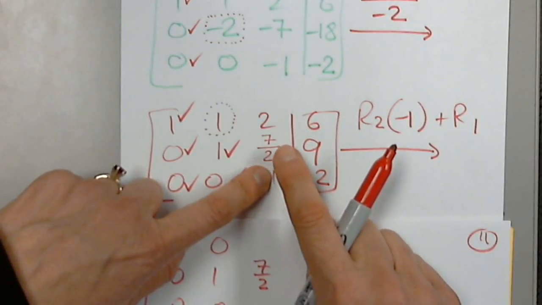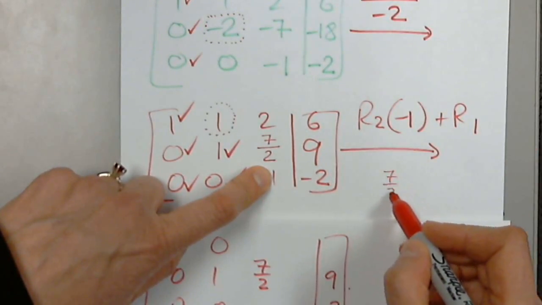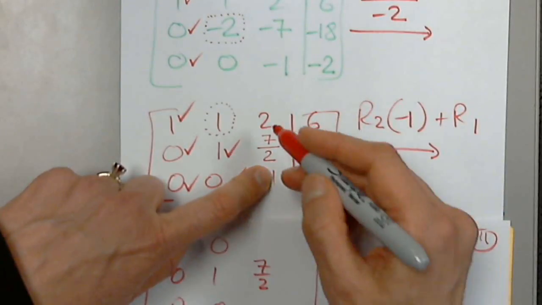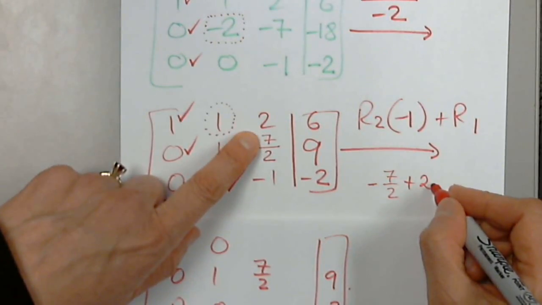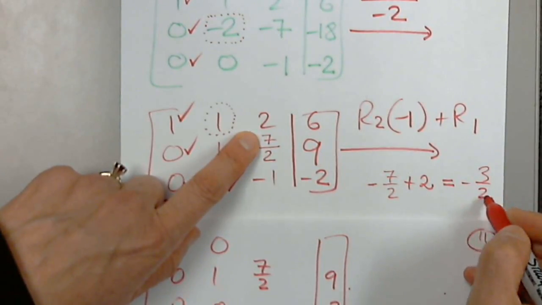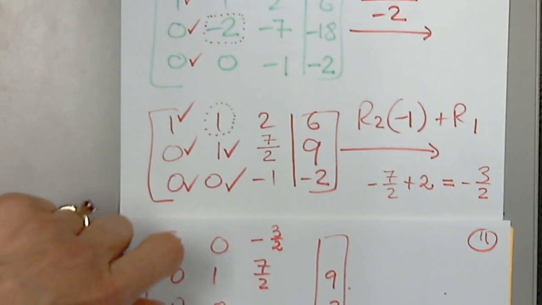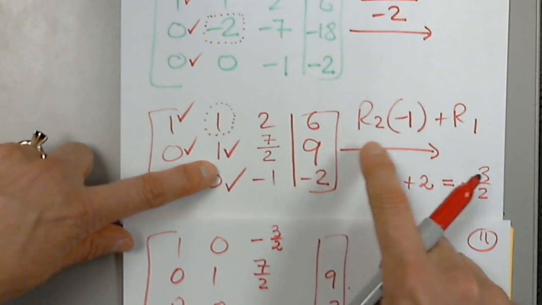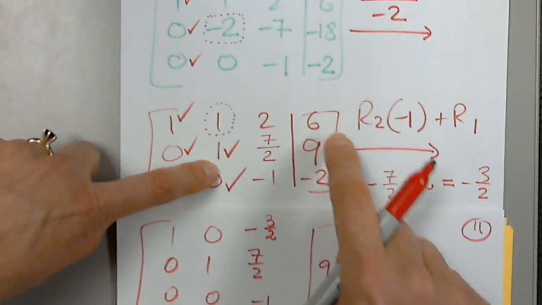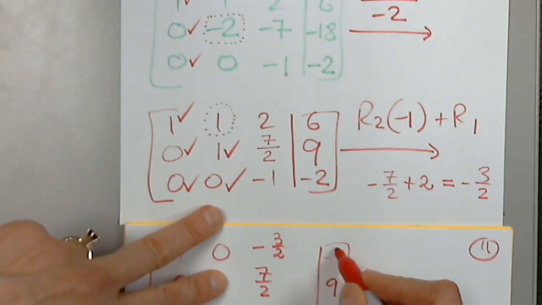Careful now. 7/2 times -1 is -7/2 plus 2. -3/2. Ugly, but that's what it is. Finally, 9 times -1 plus 6. -3. Perfect.